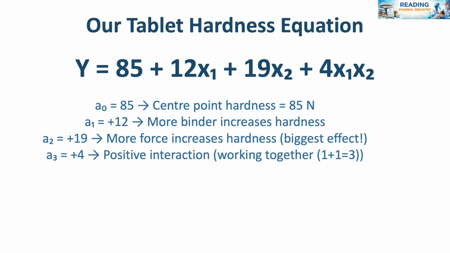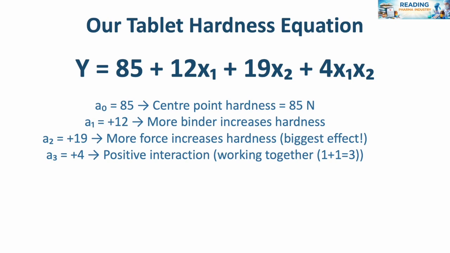You will find that the more force you applied, that also increases hardness, and you will find that of course 19 is bigger than 12, meaning the effect is bigger when you increase the force. And then finally you look at the interaction between them, and this is plus 4. That means there is a positive interaction.